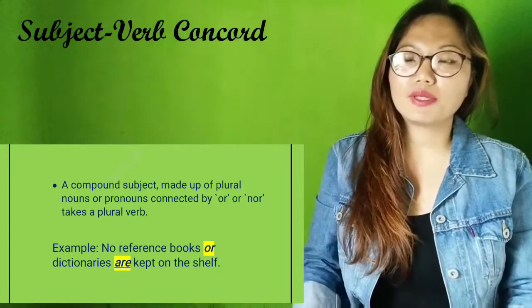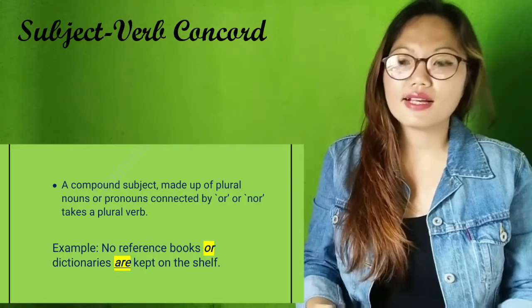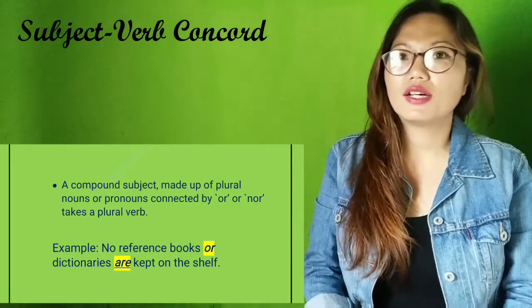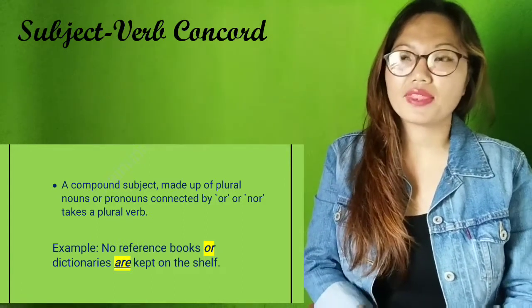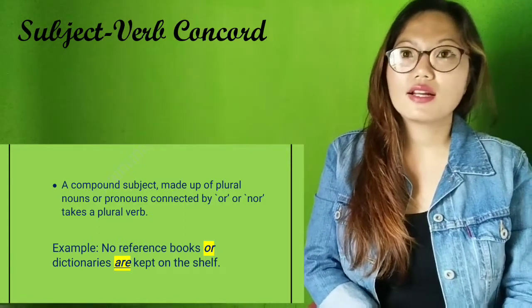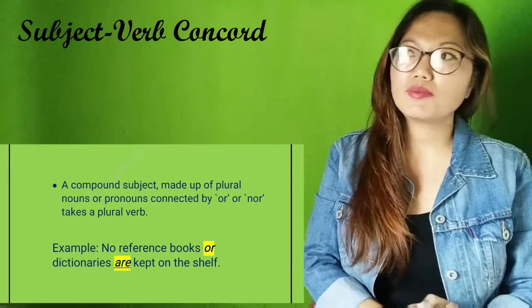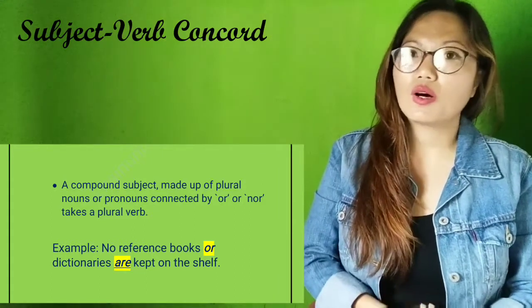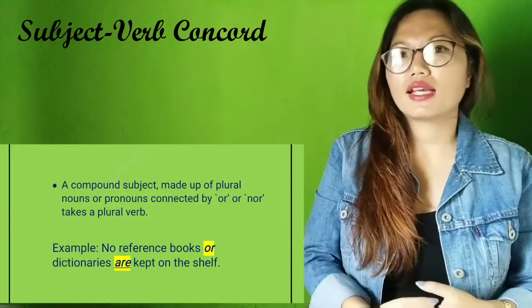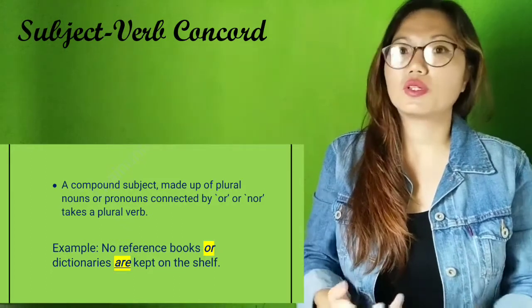So in the example we can see, no reference books or dictionaries are kept on the shelf. Which are the nouns here? We can see reference books and dictionaries. Those plural nouns are connected by or, so it takes a plural verb according to the rule.